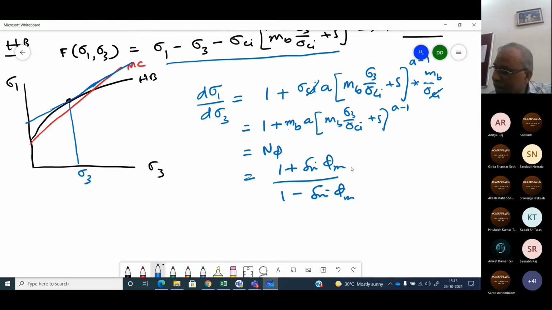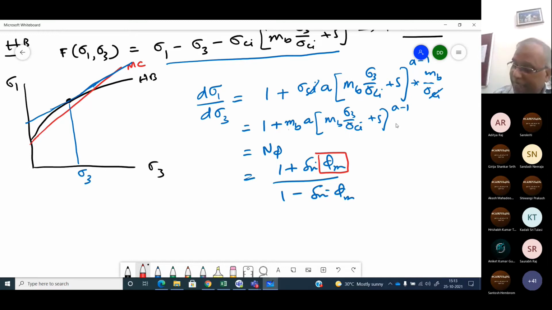Now let me tell you what phi m is. Phi m is the equivalent friction angle for rock mass. If I assume it that way, then I will be able to calculate the phi m also. So this equivalent friction property of rock mass, I can find out from here.